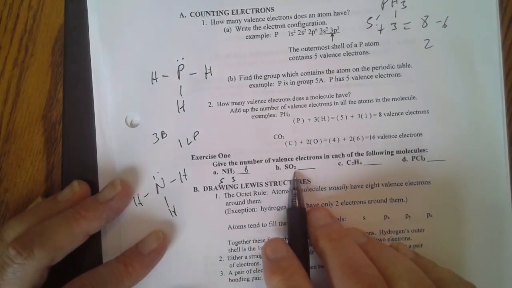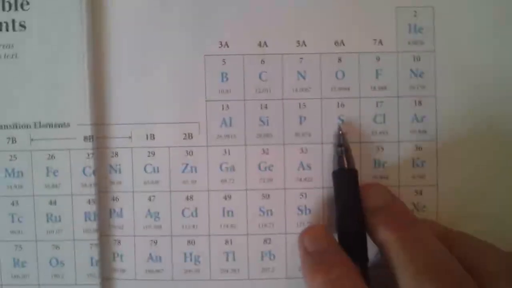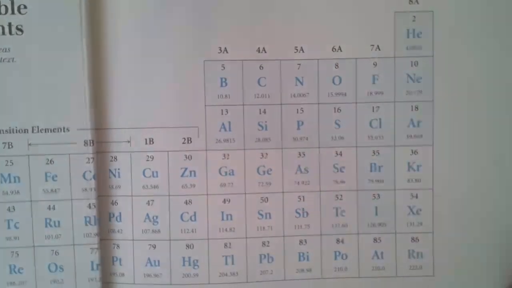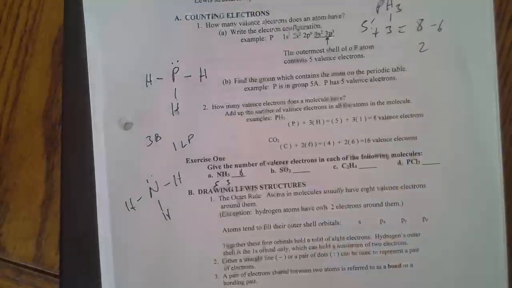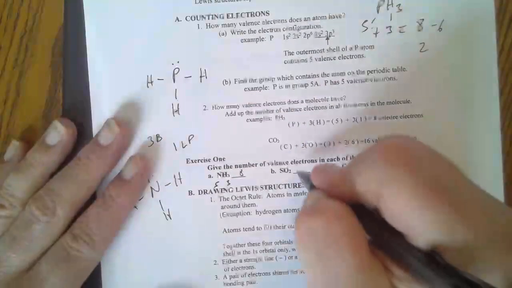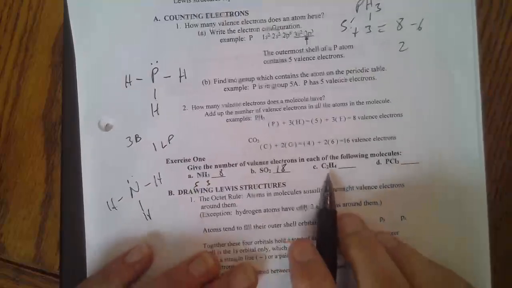How about SO2? Well, find S. 6. O. 6. 6 plus 6 times 2 is 18. 12 with 2, plus the 6. Yep, 18.